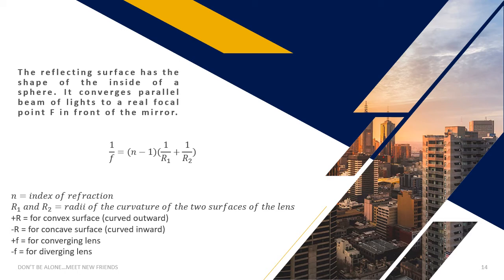What are these? n is the index of refraction, r1 and r2 are the radii of curvature of the two surfaces of the lens. Positive r is for a convex surface, which curves outward, and negative r is for a concave surface, which curves inward. Positive f is for a converging lens, negative f is for a diverging lens.